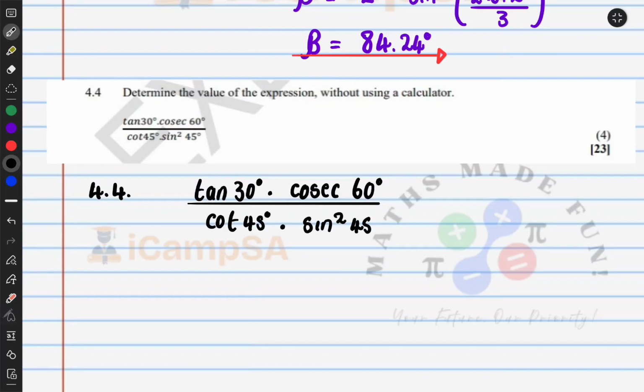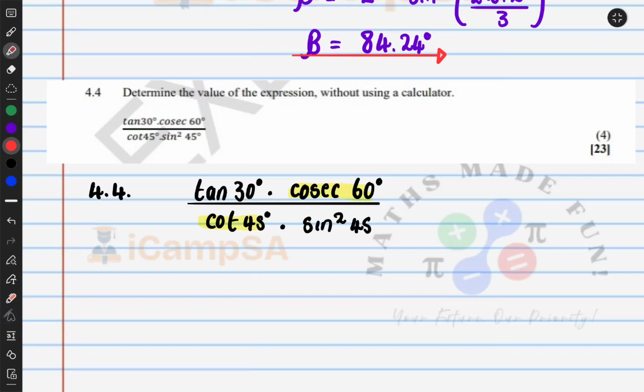So first step, let's change the reciprocals, because we have two reciprocals, which is cosec and cot, and cosec is the reciprocal of sine and cot is the reciprocal of what? Of tan.